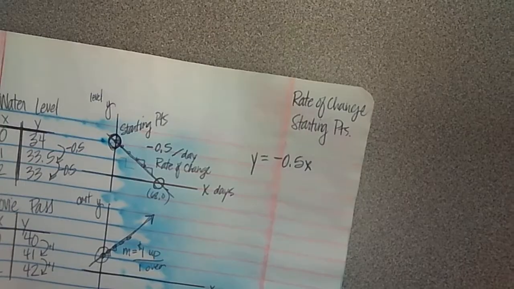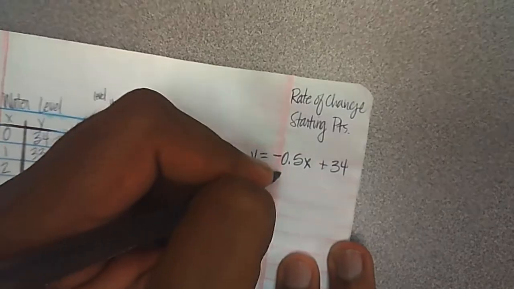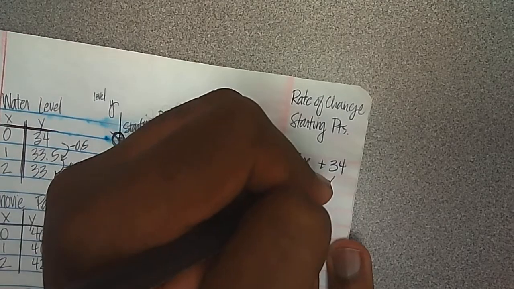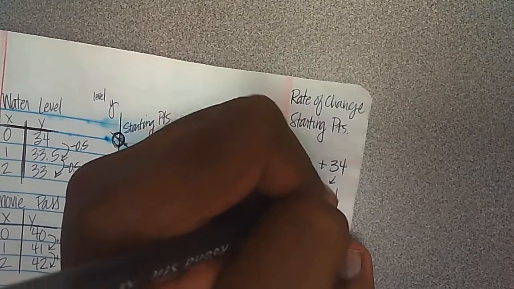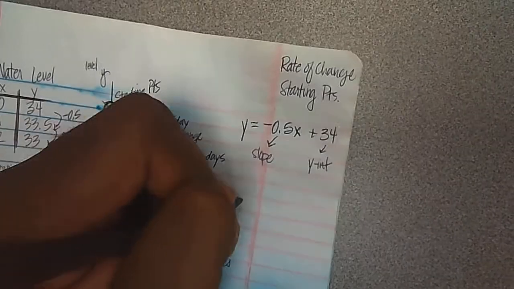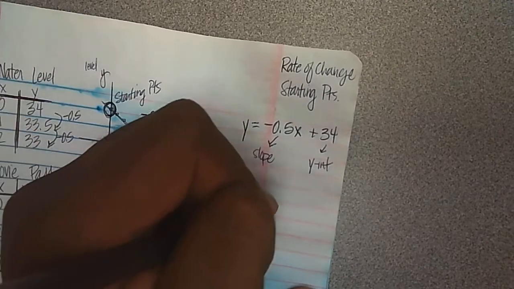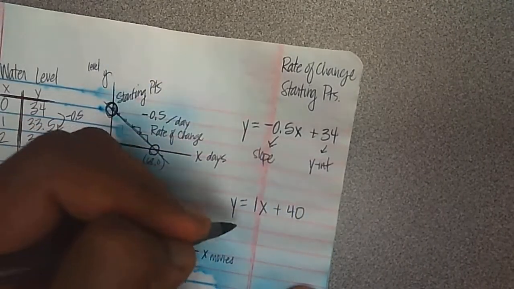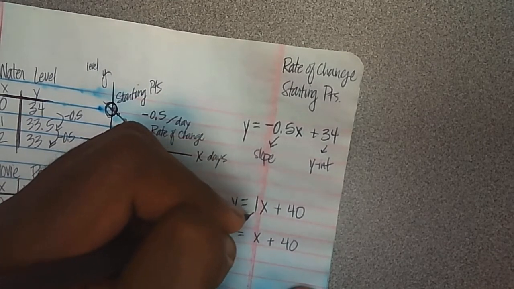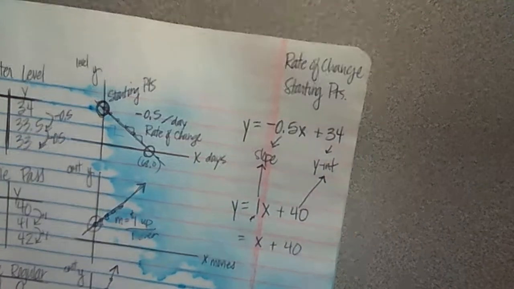Also, looking at your rate of change and your starting point, you'll notice that in all your equations, your rate of change goes with your variable, and then your starting point is at the end. That rate of change, another word for it is slope. And that starting point, another name for it is your y-intercept. So you'll notice that when you have a movie pass, the rate of change is 1x. It goes up by $1 for every movie you go to, plus the $40 in the first place. Another way to write that is x plus 40, where 1 is your slope and 40 is your y-intercept.